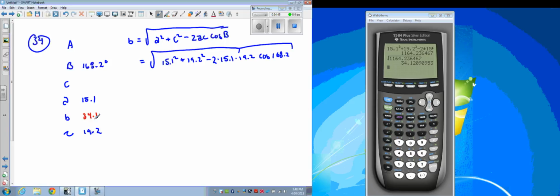Now then, what are we going to do? Work it. Which angle are we going to calculate? The smallest, so is that A or C?